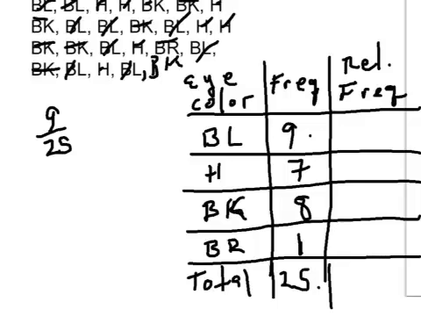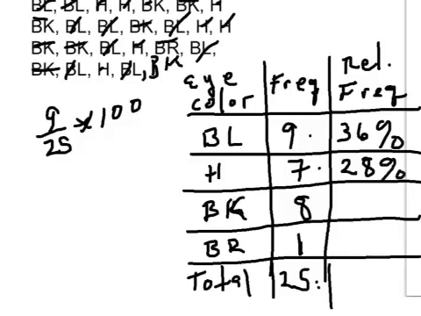Then multiply by 100, or move the decimal to the right. 9 divided by 25, I come up with 36%. 7 divided by 25 is 28%. 8 divided by 25 is 32%. And then finally 1 divided by 25 is 4%.